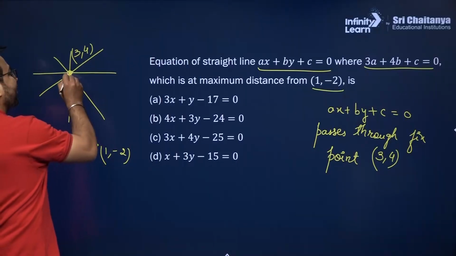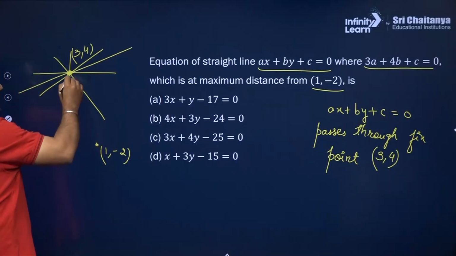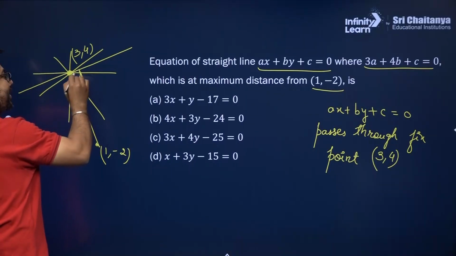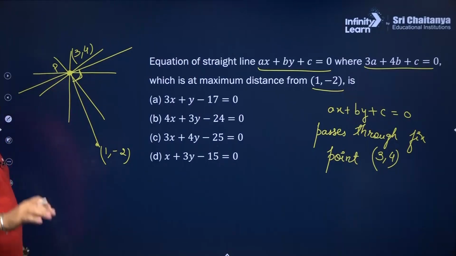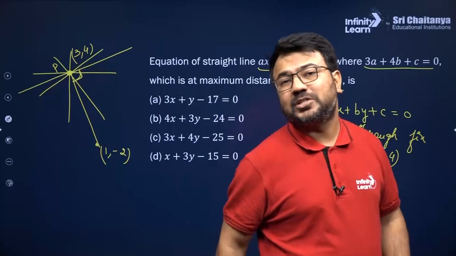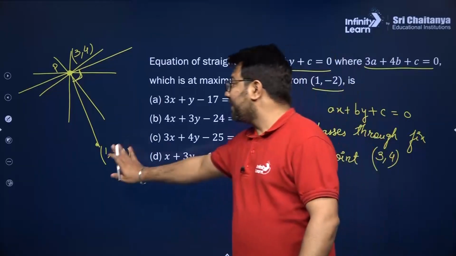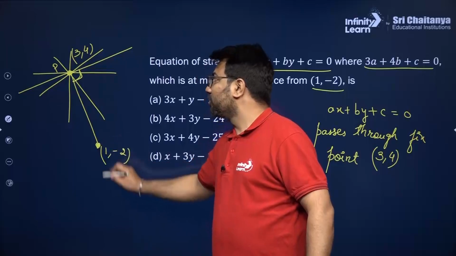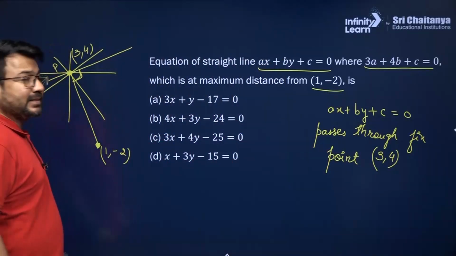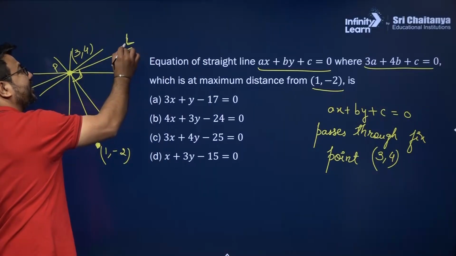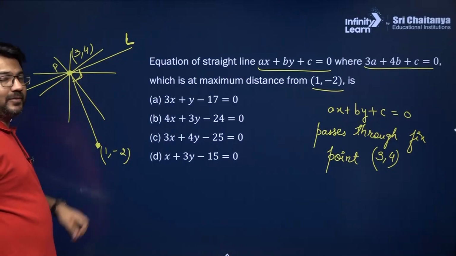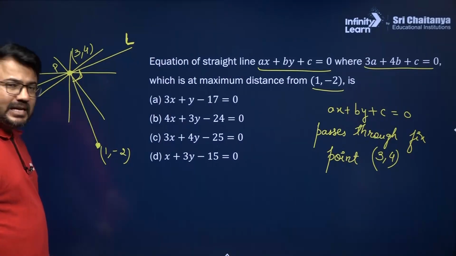So the line which is at the maximum distance from (1, -2) is a line which is subtending a perpendicular at the point P. So there are infinite lines which are passing through the point P, and I want to find that equation of line which is located at a maximum distance from (1, -2). So the line which is located at a maximum distance from (1, -2) will be a line which is subtending 90 degrees at the point P. Okay, this is the important concept of the chapter straight line.